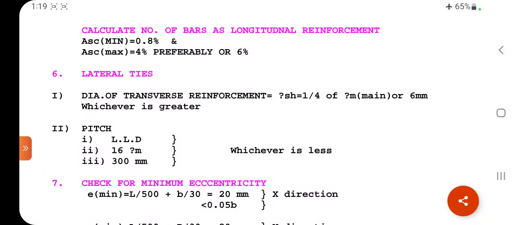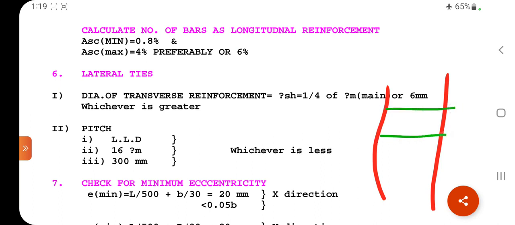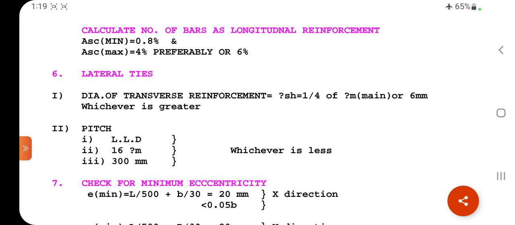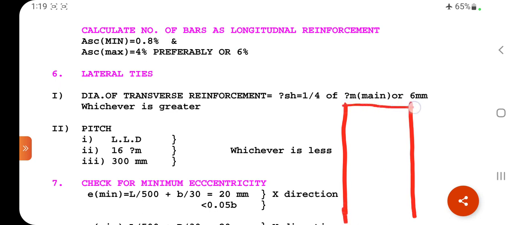Now what is the pitch? Suppose this is my main reinforcement, and this is my transverse reinforcement for a column. Let us draw it clearly. This is my column, main reinforcement, and these are my lateral ties.